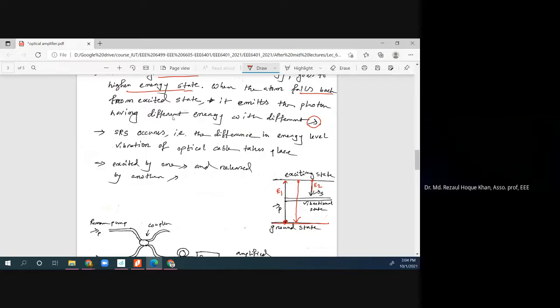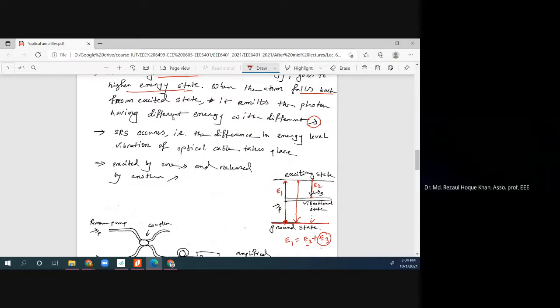So we say the energy E1 and another energy E2. What is the other energy? The rest of the energy, which is supposed to be E3, for example. That energy E3 is actually lost here. You say E1 is supposed to be E2 plus E3, right?